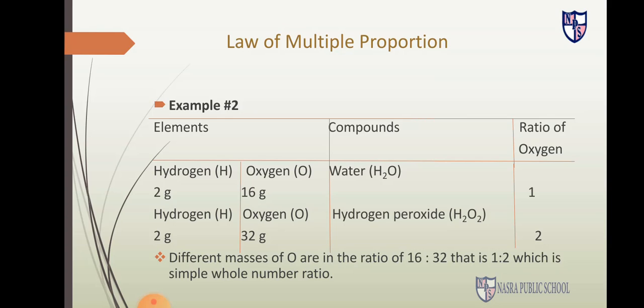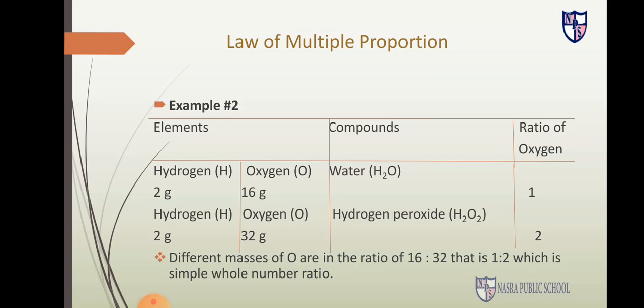And for oxygen there is only one atom and the mass of a single oxygen atom is 16 gram. During the formation of hydrogen peroxide, there are again 2 atoms of hydrogen, but now we have 2 atoms of oxygen as well. So the mass of hydrogen will remain the same, but the mass of oxygen will be double and becomes 32 gram.